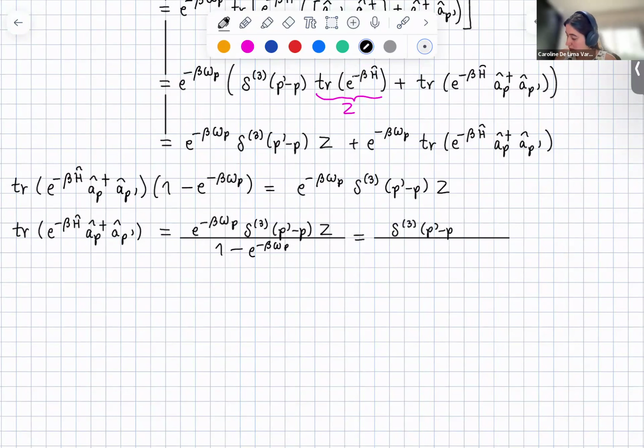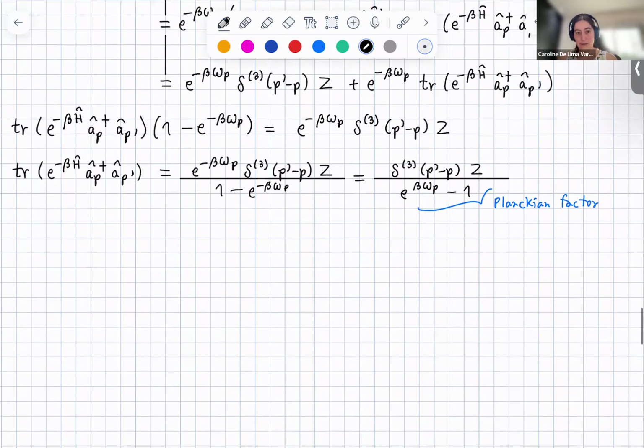So I'll get this times e to the beta omega_p minus 1. Okay, so here we see that there's a Planckian factor showing up, which makes sense, because we're computing the Wightman function in a thermal bath. So we would expect some thermal factors.